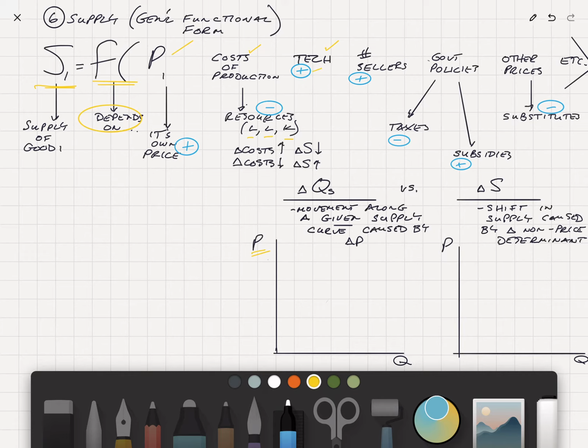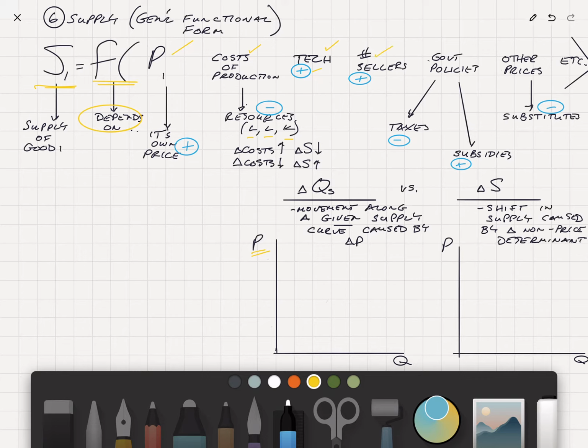We know by the fifth level of analysis that the number of sellers would be included as a variable in this list. As the number of firms enter a market, that would shift the supply curve out and to the right, and depending on the nature of the demand curve, it would cause price to fall. Okay, so we talked about that.